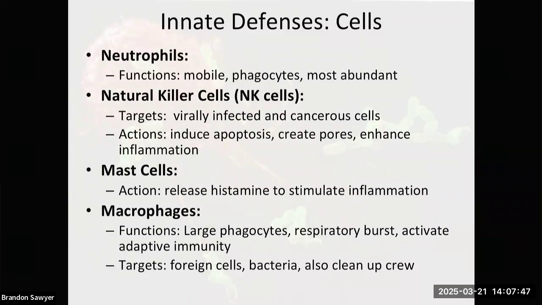Programmed cell death is apoptosis. And so if you cause enough damage to the mitochondria, to the DNA of a cell, then the cell will destroy itself. And natural killer cells will cause cancerous cells to do that. Yeah, and so just a bunch of different cells and how they work there.